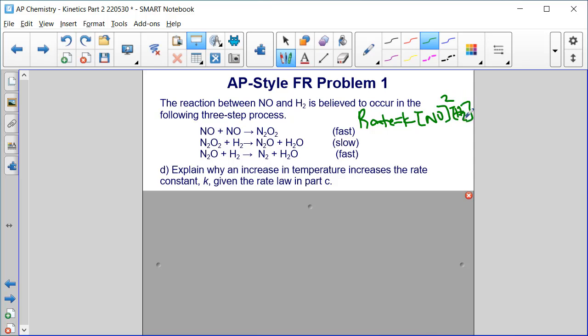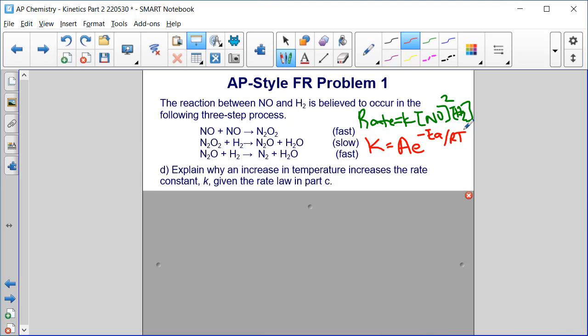We had talked about how the only thing that we can alter to impact the value of K, the rate constant, is the temperature. If you remember, there's that Arrhenius equation, where K equals, I'll simplify, constant A times e to the minus EA over RT, right?